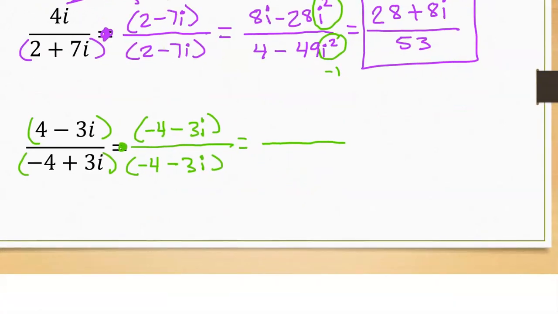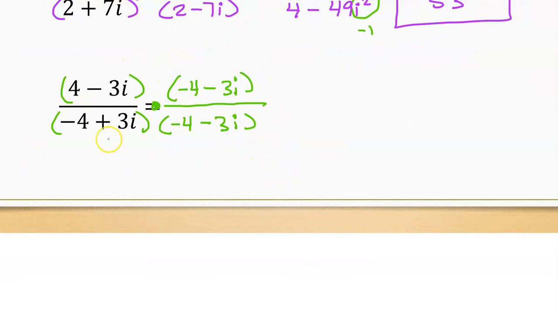You know what? I think I'm gonna squeeze it in underneath here. So in the denominator, when I do the conjugate, it is always a squared minus b squared. So this is going to be 16, right? That's a squared minus 9i squared, all right? It's a squared minus b squared.